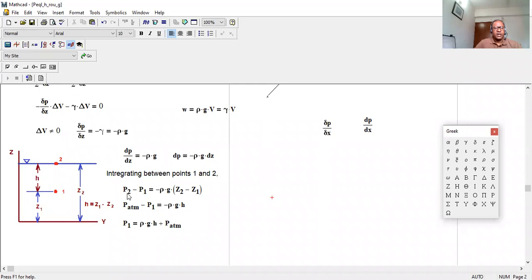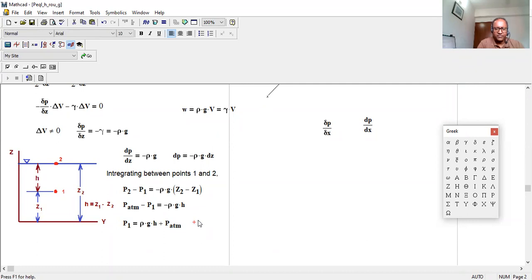Now P2, the pressure at the top, is atmospheric pressure, right? So we put atmospheric pressure minus P1, the pressure we need to figure out. So P1 equals rho g h plus P atmosphere. So right over here, you will get absolute pressure.